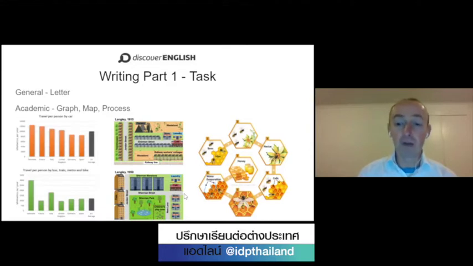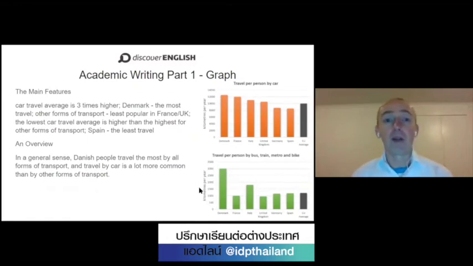Now, to begin with, let's look at the graph. Have a look. So academic writing part one graph, the main features are important. The two things you really need to look at are the main features and the overview. Those are the big things.